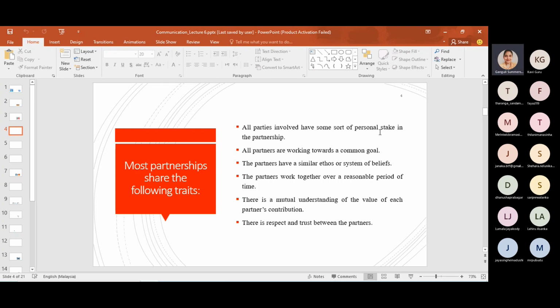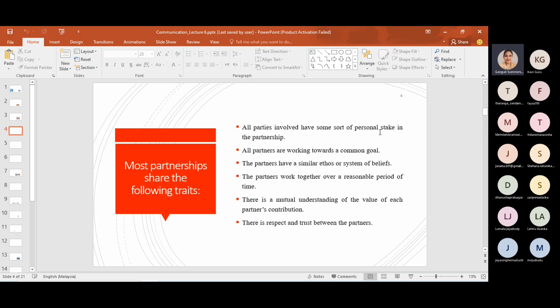For example, if 4 organizations, A, B, C, and D, get into a partnership, all of them should have a mutual understanding about each other. Organization A should have a mutual understanding of organization B, C, and D.